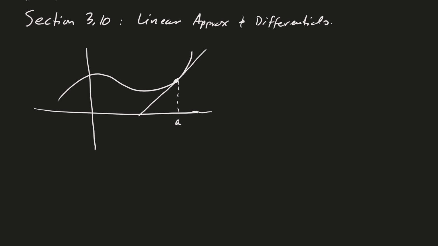So this is my function f of x, this is my tangent line, and so what we're saying then is close to the point a, if I take a look at my function in this box here, then the curve itself looks very much like this line, right?